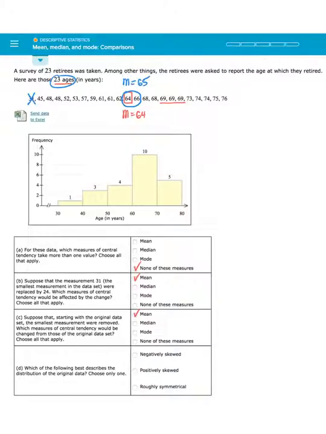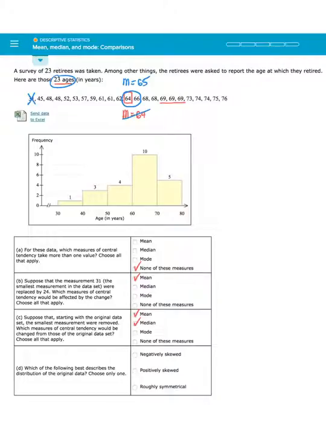So my median has changed from the original one, and therefore median is also impacted. My mode doesn't change because removing 31 from the set doesn't impact the fact that 69 occurs 3 times, which is more often than any other element in the set. So mode will not be changed. Mean and median would be the only two measures of central tendency that are impacted by removing 31 from the set.